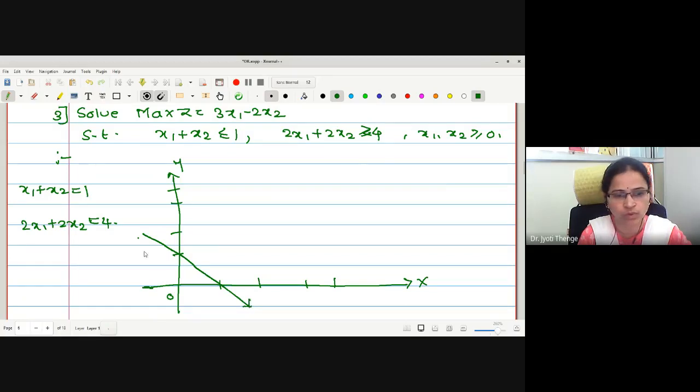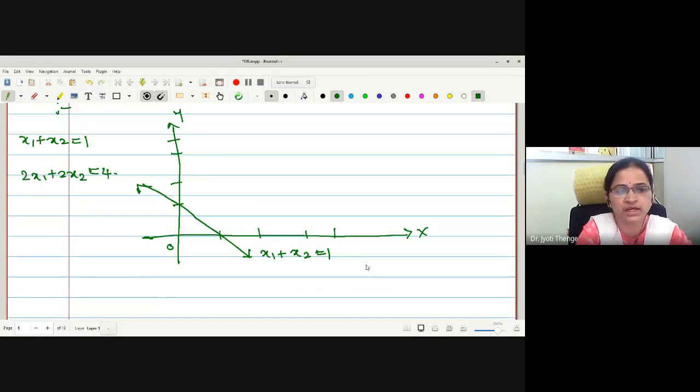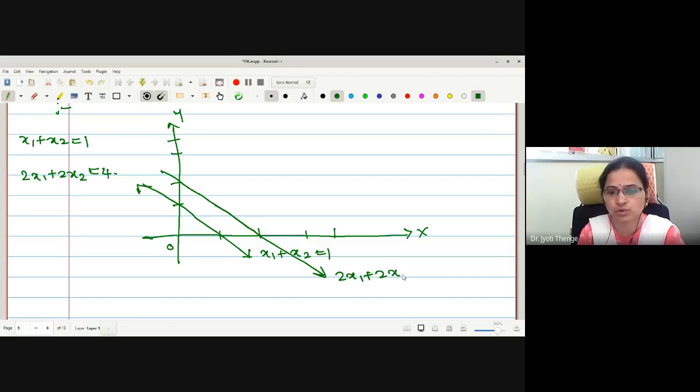Second is 2x1 plus 2x2 equal to 4. If I put x1 0, x2 will give me 2. If I put x2 0, x1 will give me 2. Therefore, the coordinates must be 0, 2 and 2, 0.